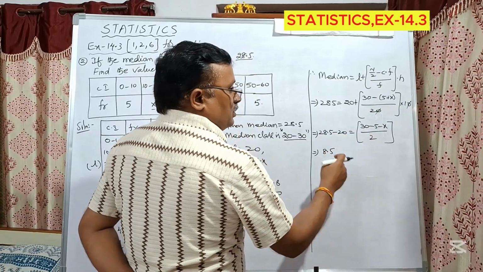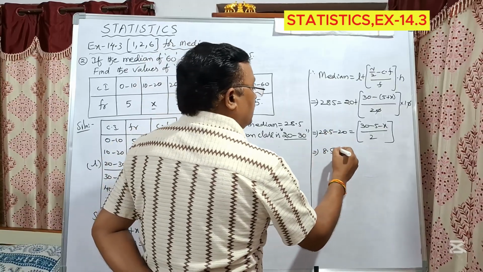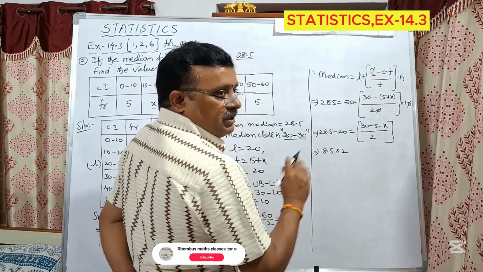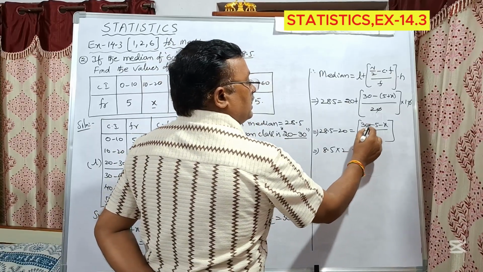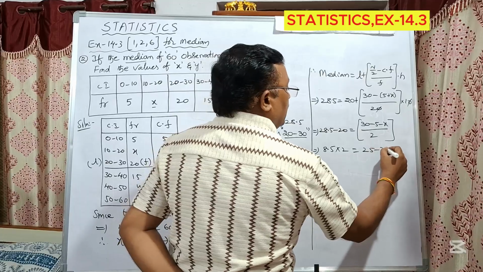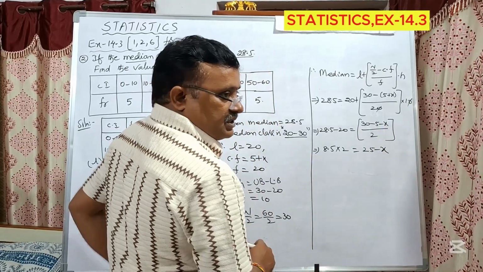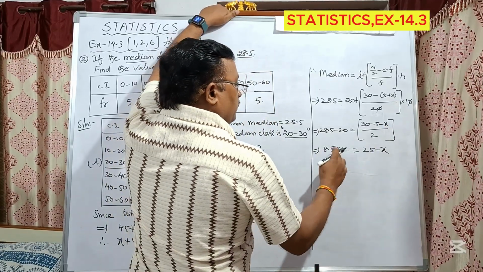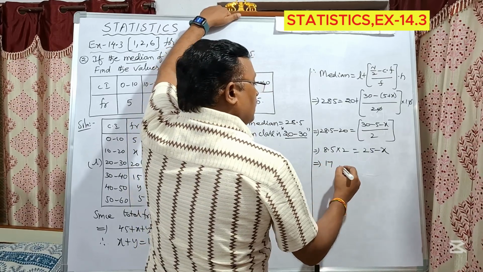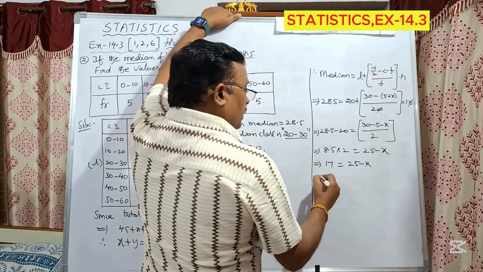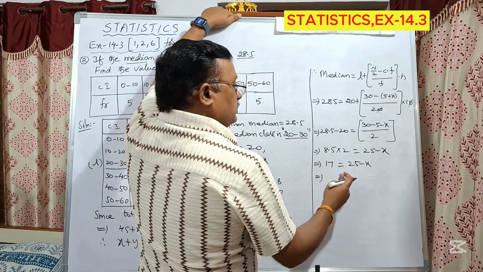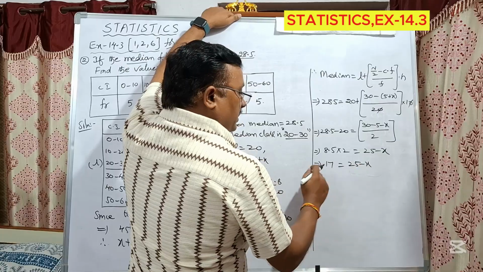This divided by 2, when it comes to the other side, will multiply the left side value. So 8.5 into 2 is 17, equal to 30 minus 5, 25 minus x. Got it? Now send plus 25 to the left side.